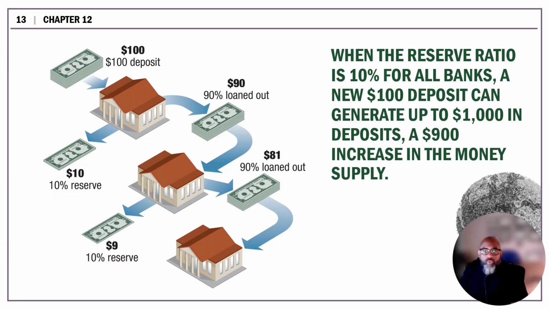This means that a $100 deposit ultimately supports up to $1,000 in total deposits across the banking system. If banks instead held only 5% of deposits in reserve, then the money multiplier would increase to 20. This illustrates how a lower reserve ratio increases the banking system's capacity to create money through lending.